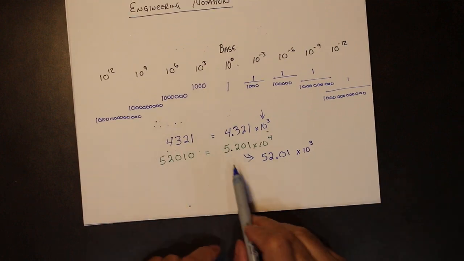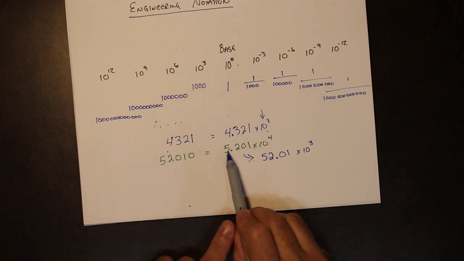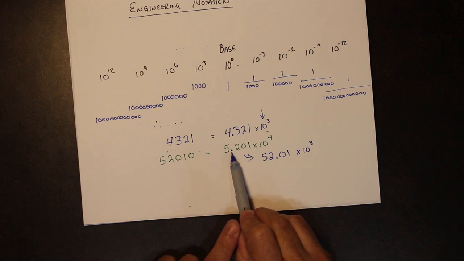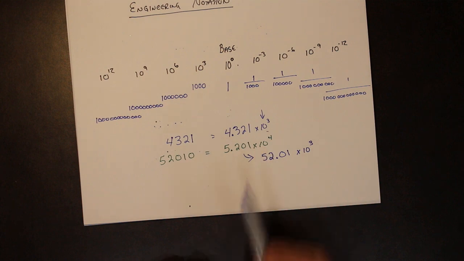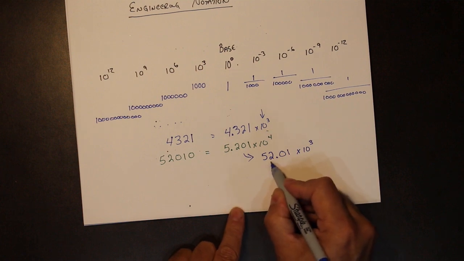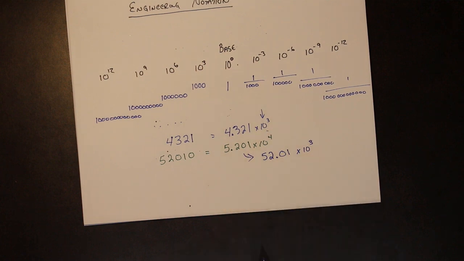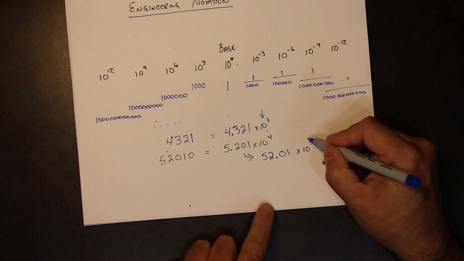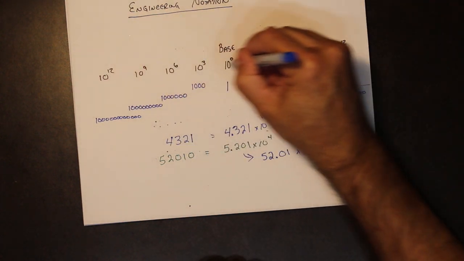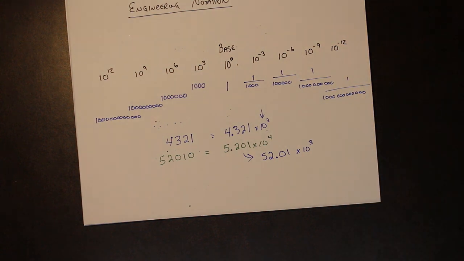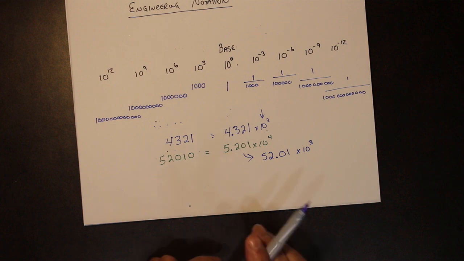So in scientific notation, it's one significant value before the decimal point and any power of 10. In engineering notation, it is any values before the decimal, but we need to specifically use these multiples of 10. So hopefully you see the difference.